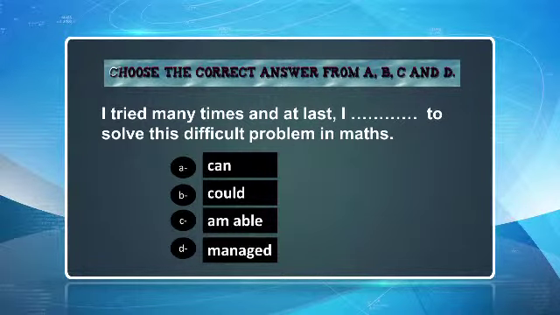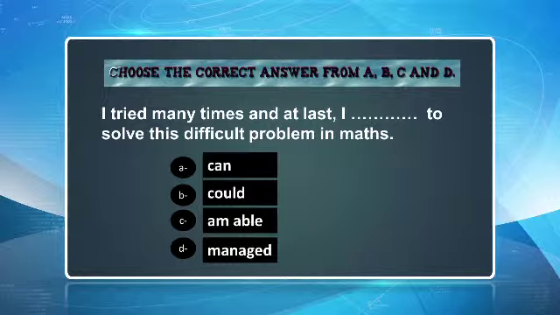Next sentence is, I tried many times and at last I blank to solve this difficult problem in maths. So think of the lesson on ability and being able to do something. Can you do something? So based on that, let's think of the answer that fits in this sentence.